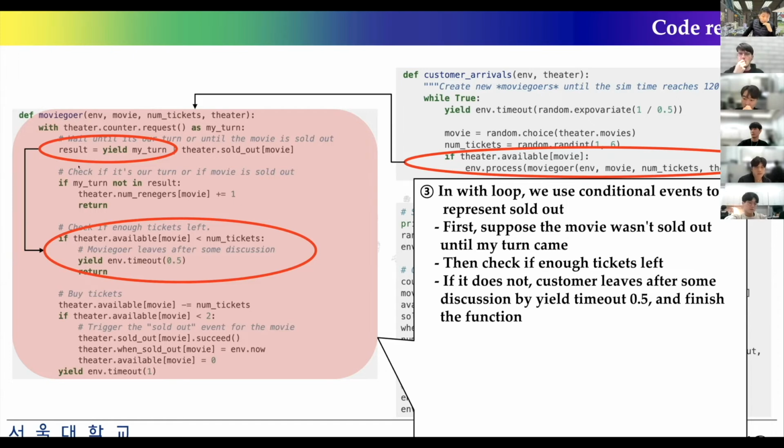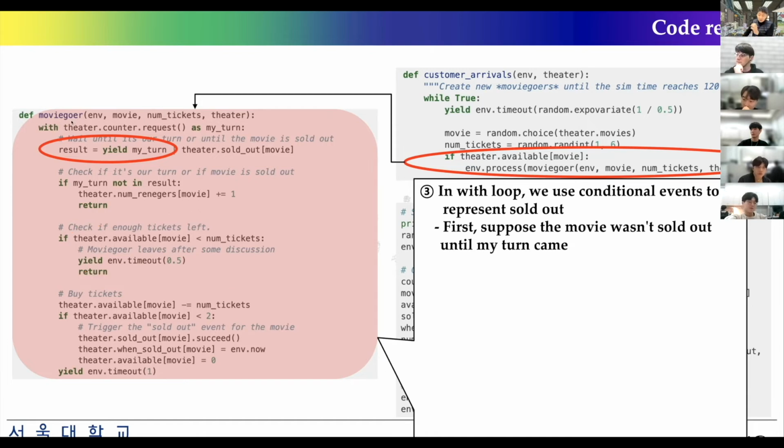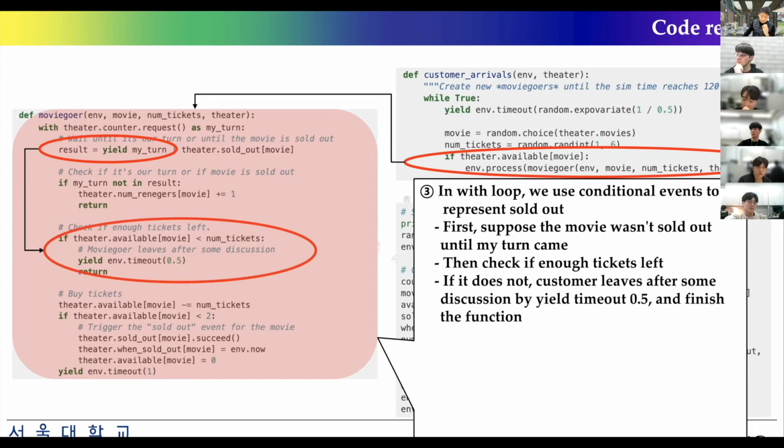So during the creation and waiting of a certain moviegoer, the previously arrived customers can be in the status of trying to buy a ticket for the same movie.